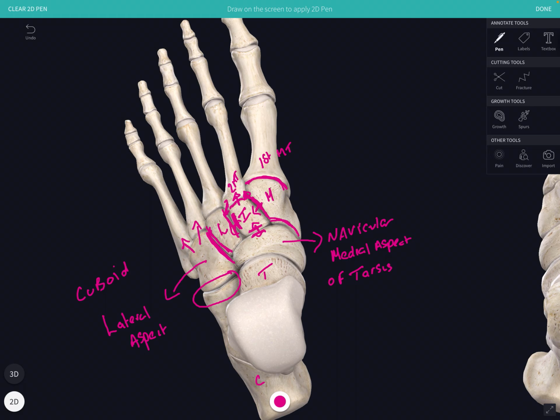The anterior surface of the lateral cuneiform bone has an articular surface which articulates with the third metatarsal. And the posterior surface of the intermediate has an articular surface which will articulate with the navicular. So that is the arrangement then of the tarsal bones.